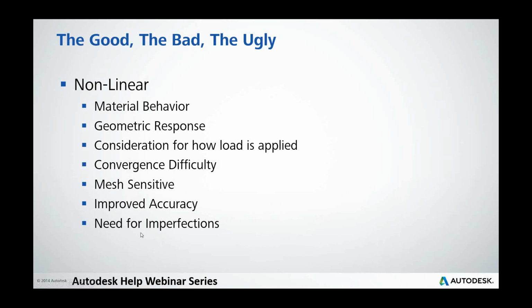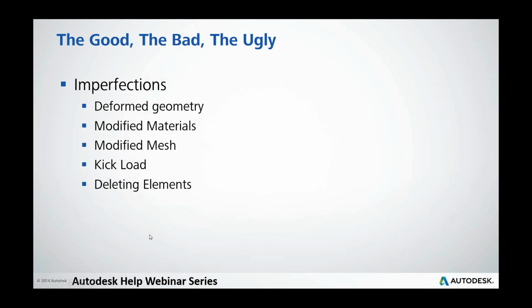And this last bullet is not required, but in some cases you may need to add some imperfections to your FEA model in order to achieve the buckling response. And I want to emphasize as we go through some of these, we're trying to simulate real-world characteristics.